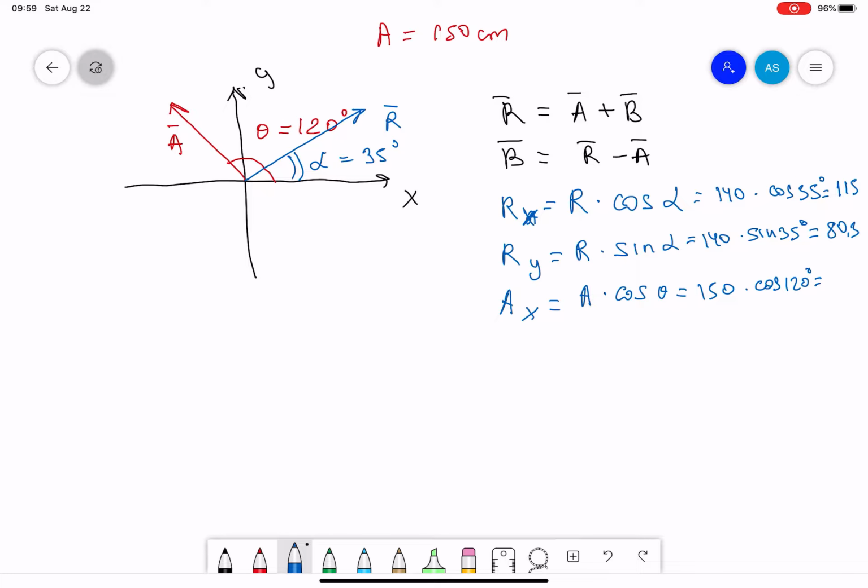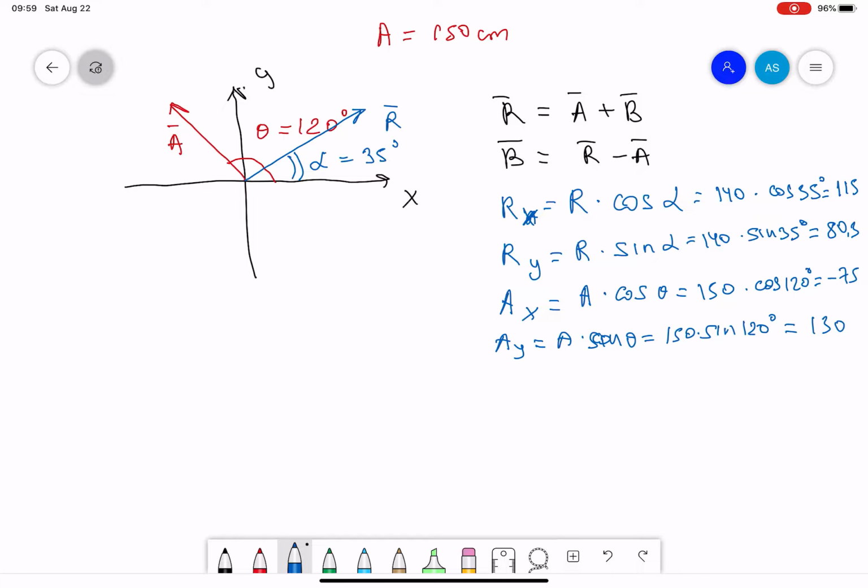If you do the calculation, you can find it's equal to minus 75. Now the Ay component is A multiplied by sine theta, which is 150 multiplied by sine 120 degrees. If you do the calculation, you can find that your Ay component is equal to 130. Okay, now we found our Rx, Ry, Ax and Ay components.